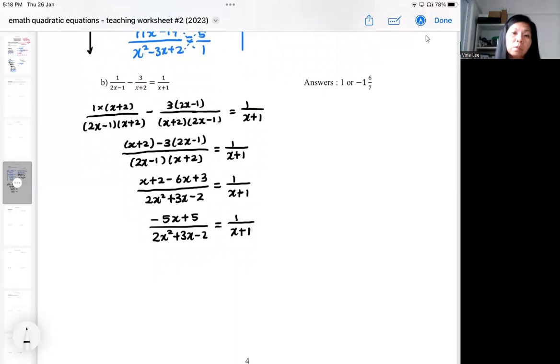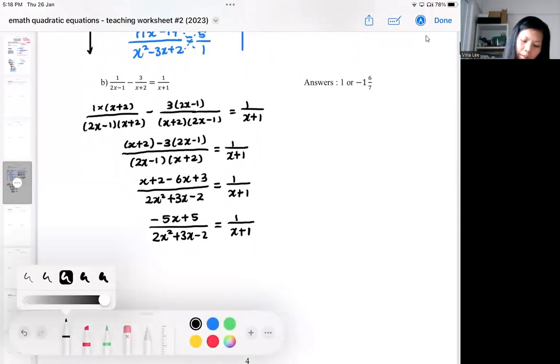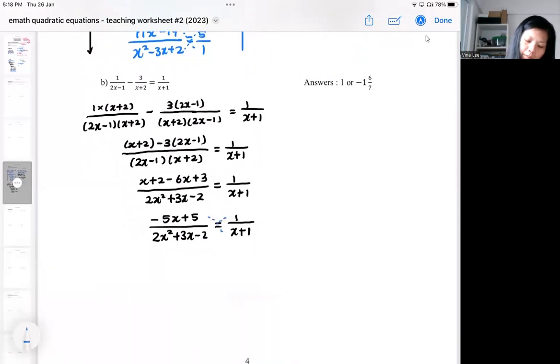So if there's nothing to simplify, then you are ready for the cross multiplication.